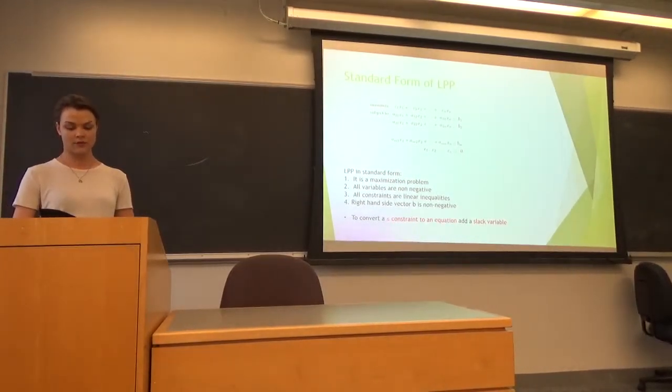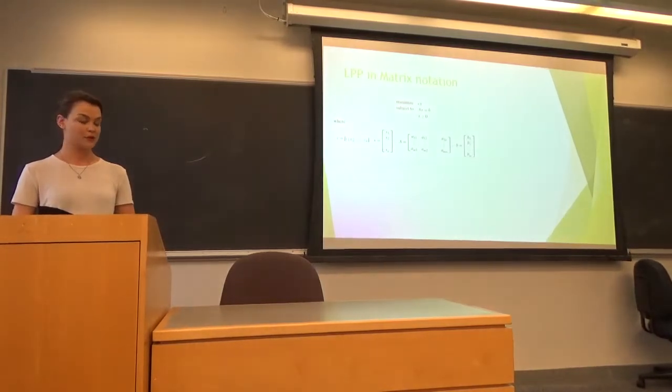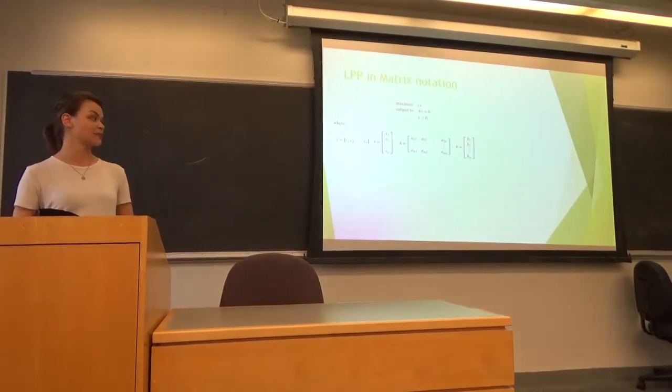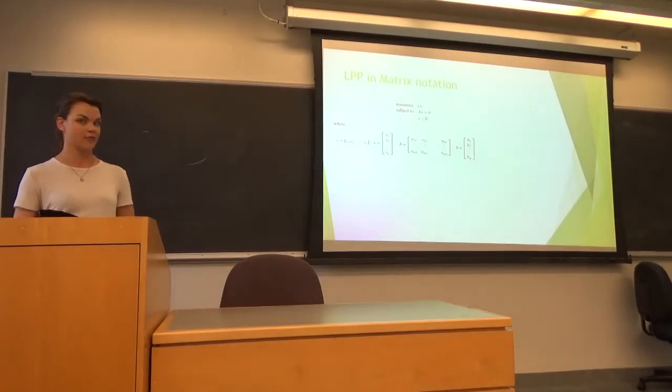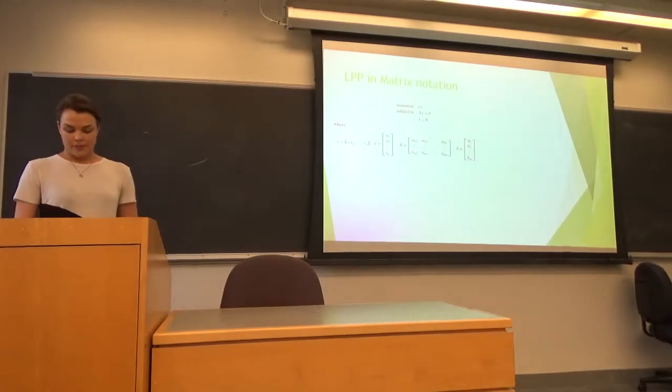So we do this to convert all the inequalities to equations. So this is the linear programming problem in matrix notation. It probably looks familiar to everybody in here. And we're going to be putting this into a tableau to use the Simplex method.